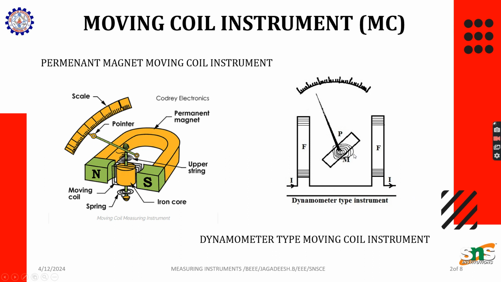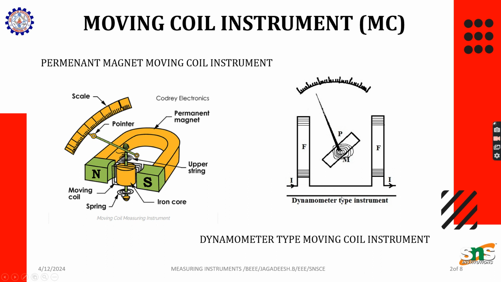There is a moving coil here marked as M, and there is a spring control, and the pointer is connected to the spring with the moving coil. When we give a supply, the fixed coil will produce the magnetic effect, and this will cut the moving coil conductor, EMF is induced and torque production will be there. This torque production makes the pointer move. Then the pointer will show the values mentioned on the scale.